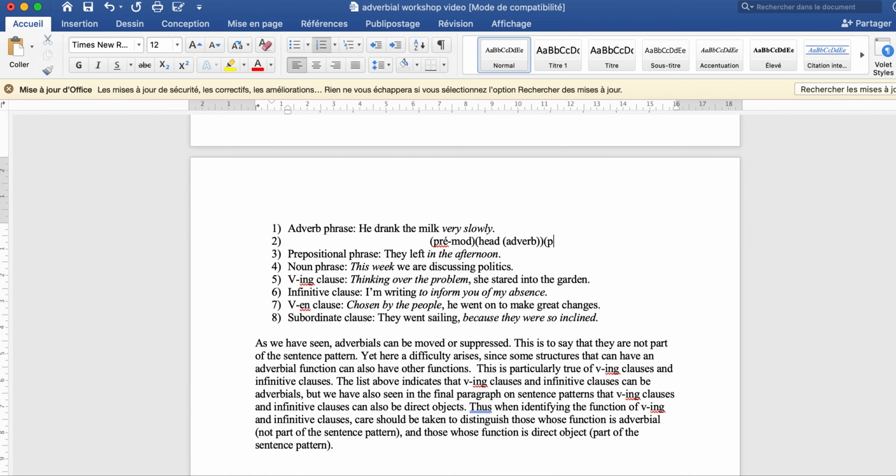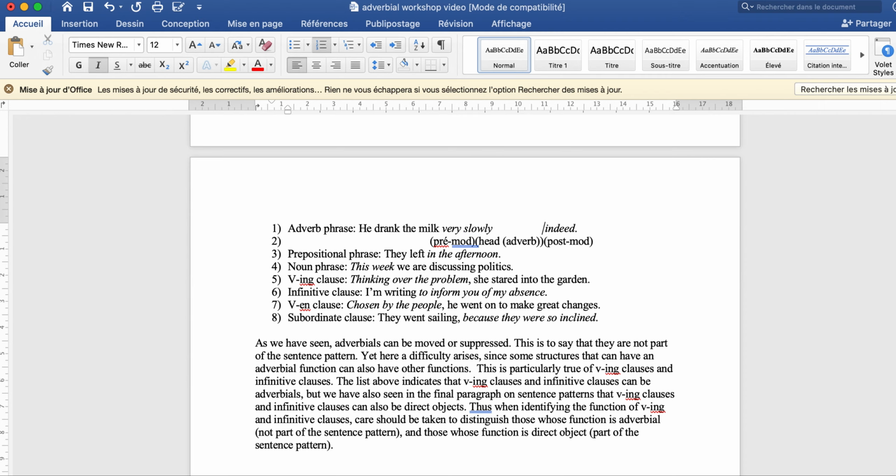I'm sorry, I'm writing pre-mod, post-mod. Okay, so we're adding our post. So for the fun of it, let's add a post-modifier. And this post-modifier is going to be indeed.